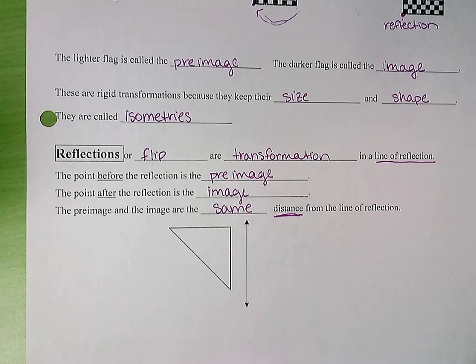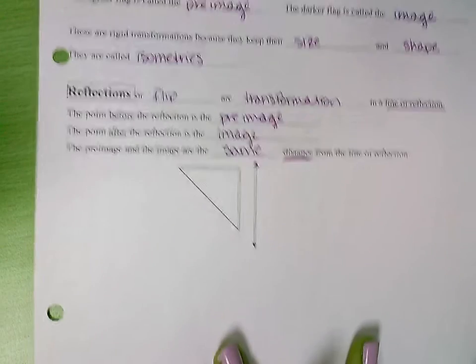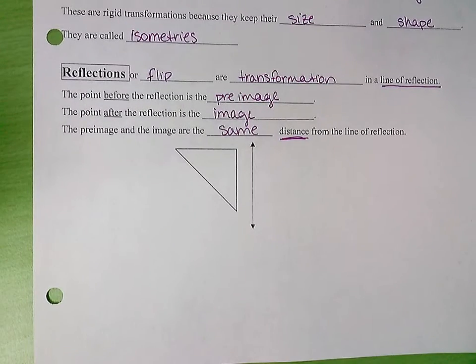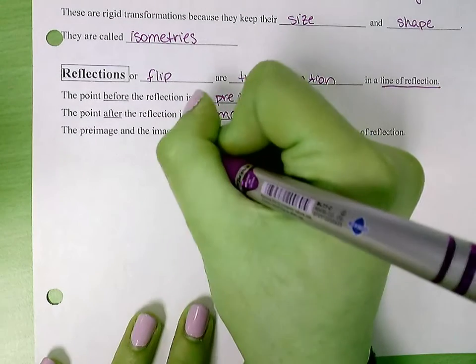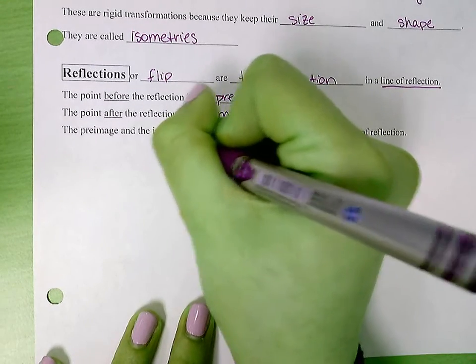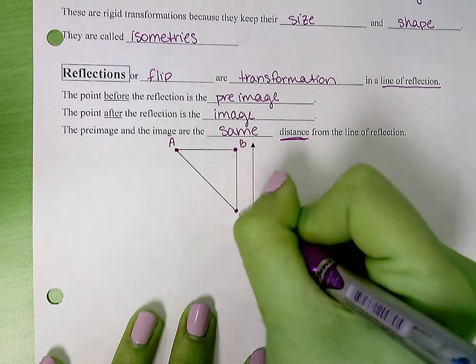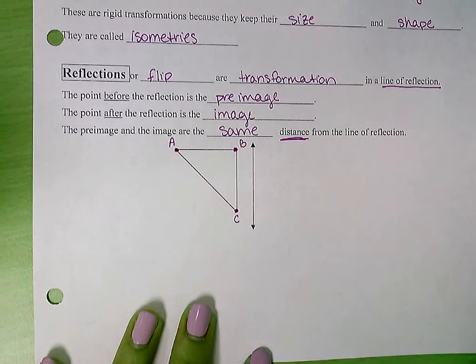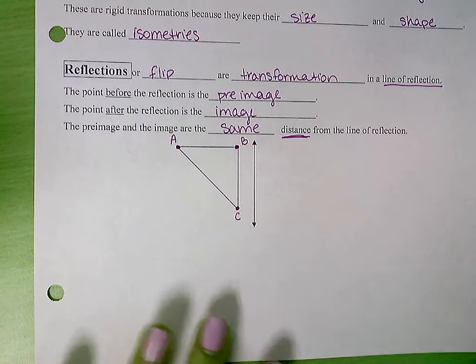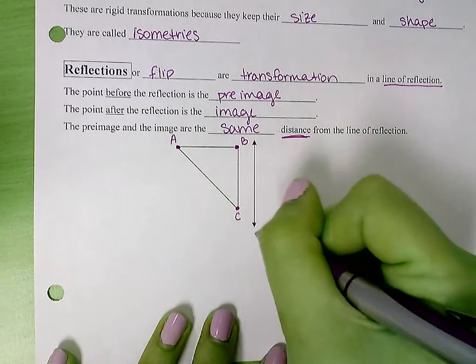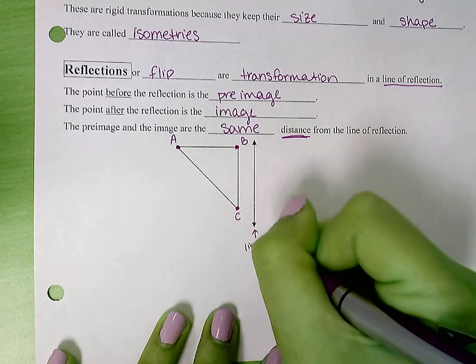In the example below, I want to take that pre-image. I'm going to label the points A, B, and C, and I want to reflect that pre-image over this line of reflection.